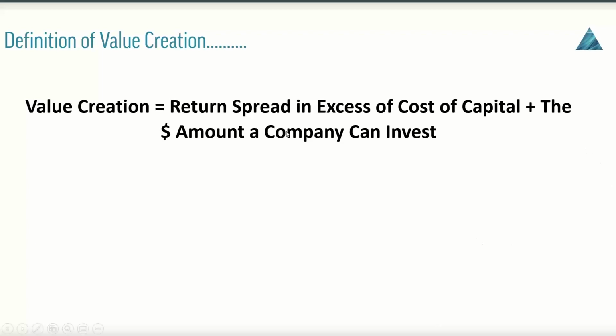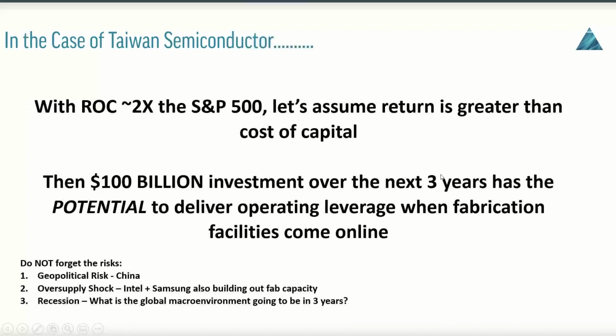Well, we already know that Taiwan Semiconductor can earn a return on capital that's nearly 2 times that of the S&P 500. So let's assume that return is in fact greater than cost of capital. And then obviously the $100 billion investment that they're committed to over the next 3 years, we know that has the ability to potentially deliver operating leverage when that fabrication facility does come online.